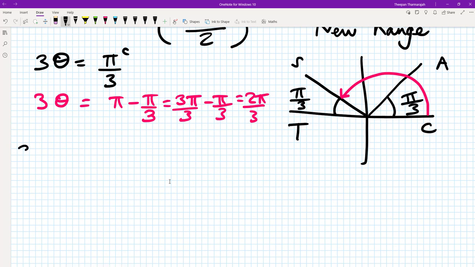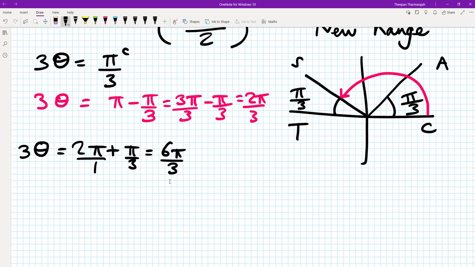So your next solution is going to be 2 pi plus pi over 3. Well, that's going to be 6 pi over 3 plus pi over 3, which is 7 pi over 3. And if you're wondering where that comes from, well, the denominator is 1 here, so you times by 3 and times by 3 respectively.